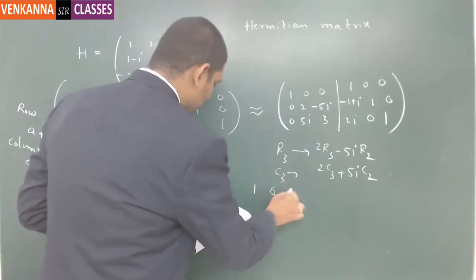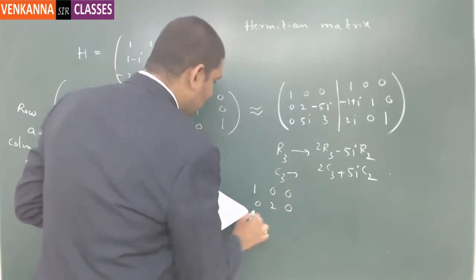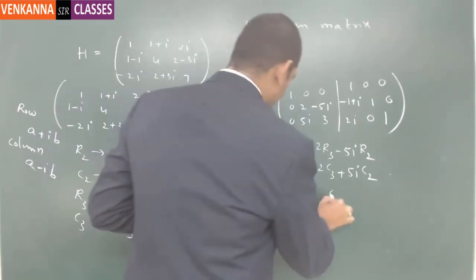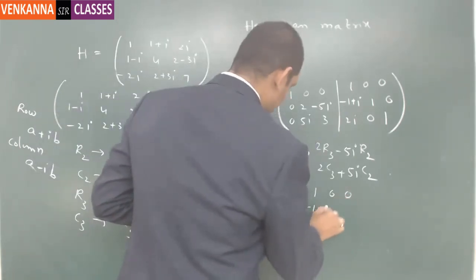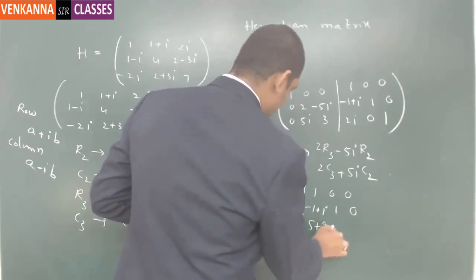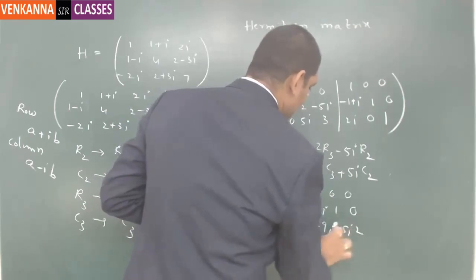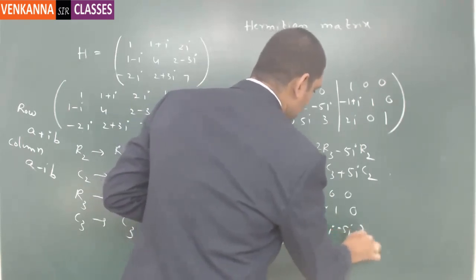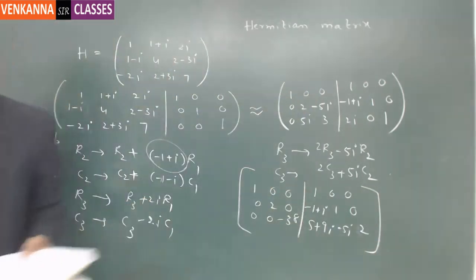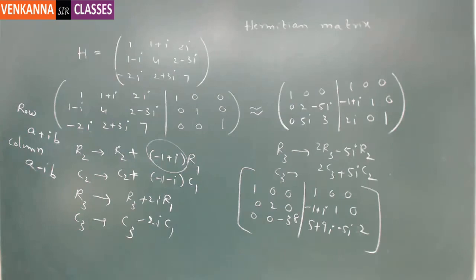Then we get the matrix as 1 0 0, 0 2 0, 0 0 minus 38, alongside 1 0 0, minus 1 plus I 1 0, 5 plus 9I minus 5I 2. And the given matrix is converted into diagonal form.